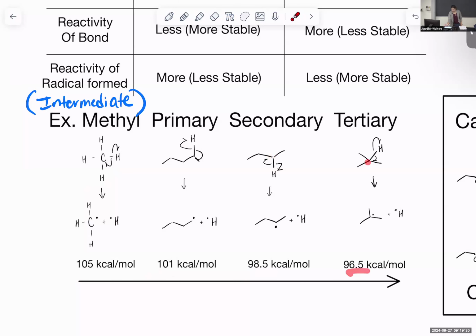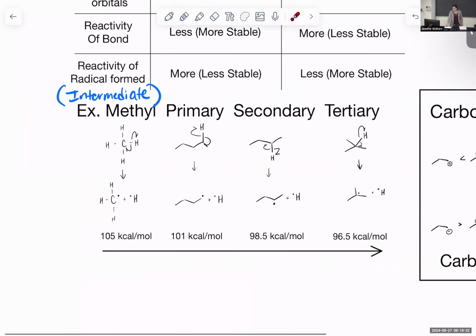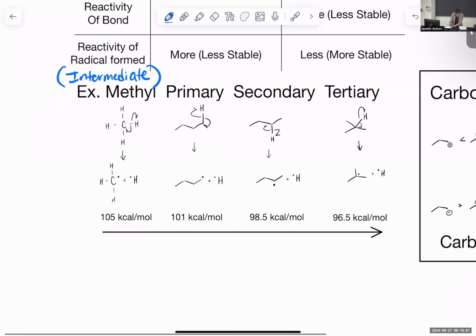Tertiary, we get 96.5. All I'm trying to illustrate with these numbers is as we go left to right, as we increase our substitution, we are decreasing that energy of the radical. So that means that we are making a more stable radical.